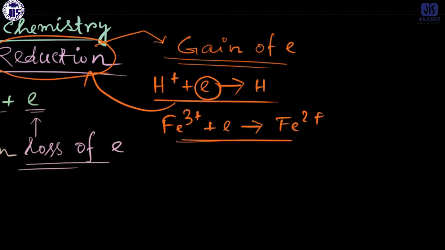Now there are two terms which are very important and which you have to understand properly, because in these two terms students have a huge confusion at exam time. The first one is the oxidant, and the second one is the reductant.